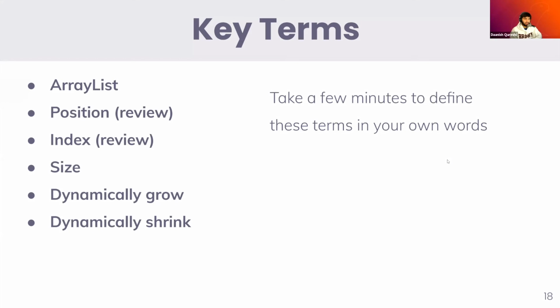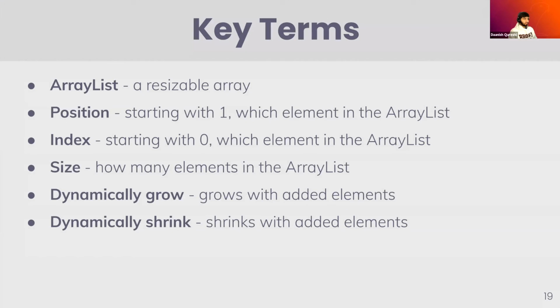So some key terms, I'll give everyone maybe 30 seconds to just think about them, and then we'll go over them. All right. So array list, there's no exact definition for an array list, but I just defined it as a resizable array because they function in a very similar way.